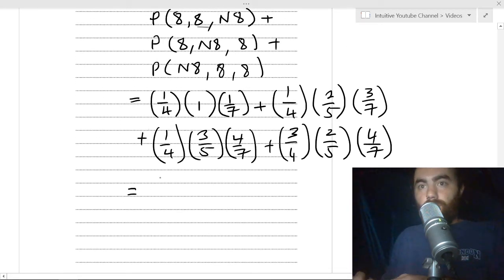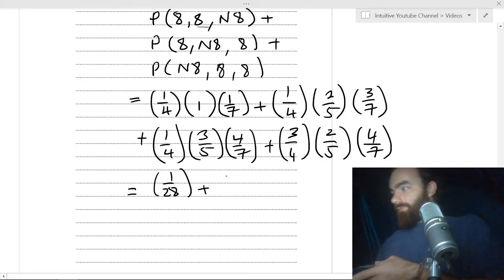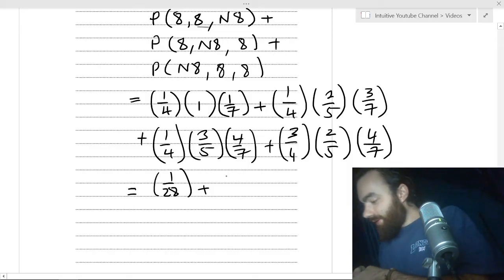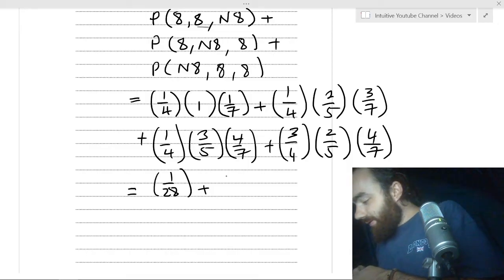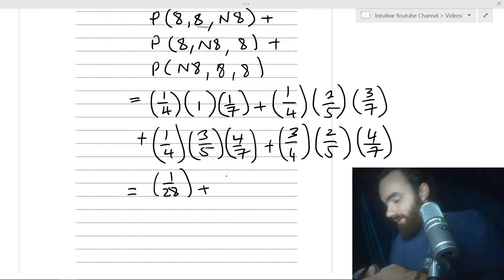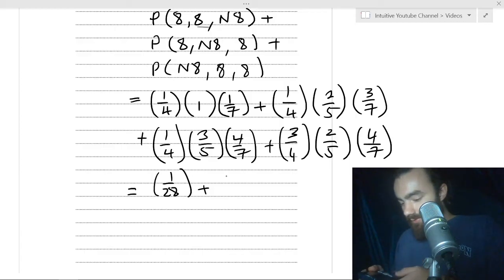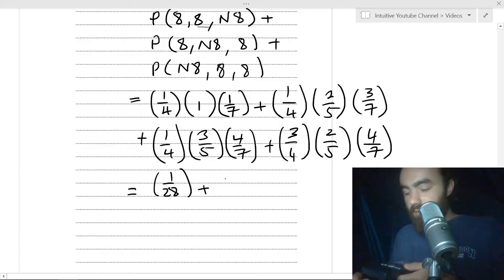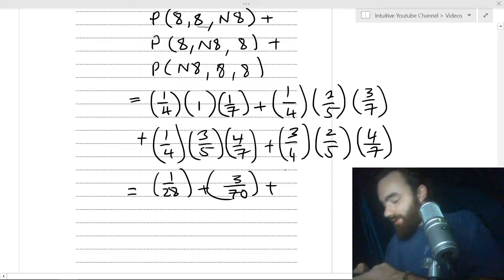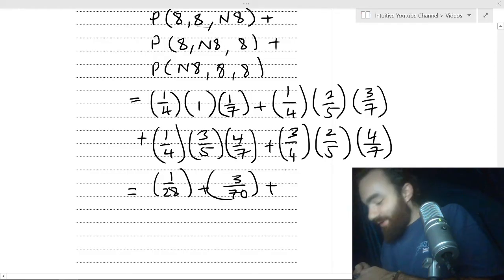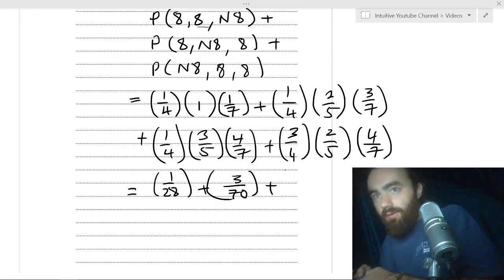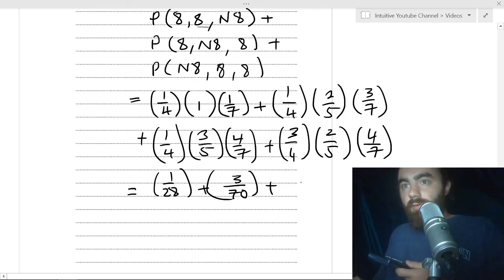So the first one is going to be 1 over 28, plus, it's getting dark, I want to finish this before it gets dark, 6 divided by 4 divided by 5 divided by 7 is 3 over 70, plus, I'm going to take my time because it's easy to make a mistake here, especially because I'm in the dark, divided by 4 divided by 5 divided by 7 is 3 over 35.